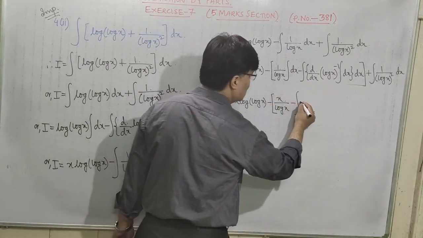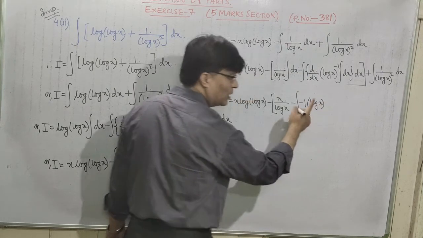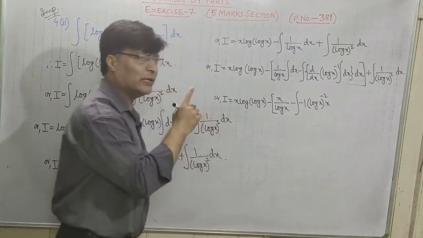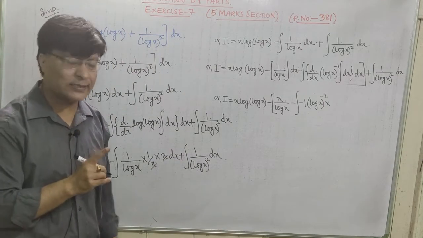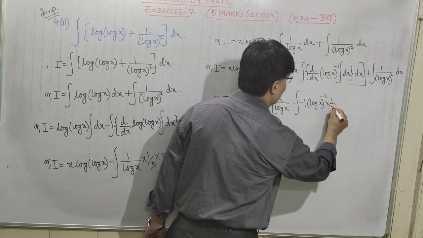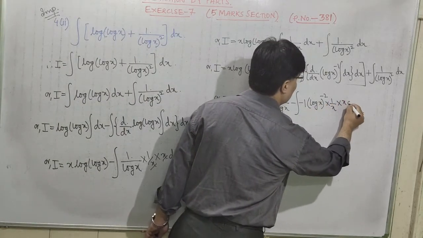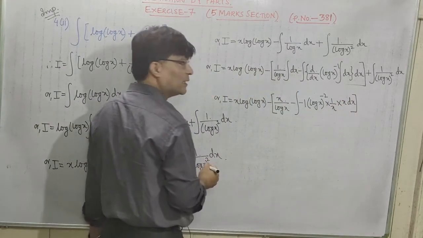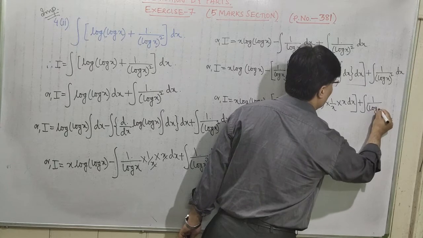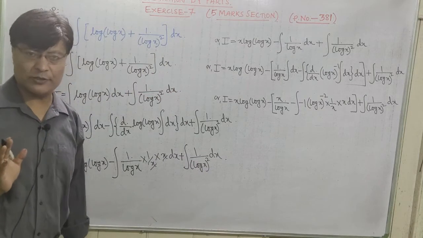The power becomes the coefficient, your x is (log x) to the power, decrease the power by 1, that is minus 1 becomes minus 2, into, again differentiate the term which is assumed as x. Here log x was assumed as x. What is this differentiation? It is 1 upon x, into the integral of dx, that is x. Then we write dx. Third bracket is closed. Then plus the integration of 1 upon (log x) whole square dx. So I think you have understood it.